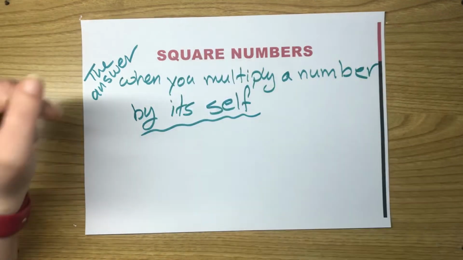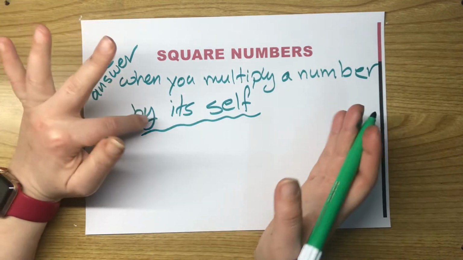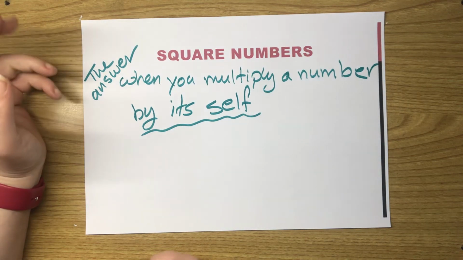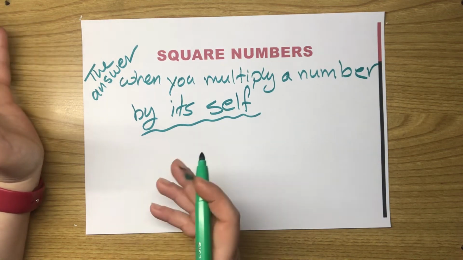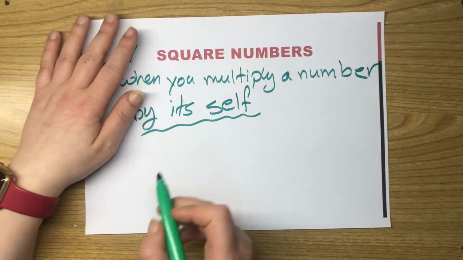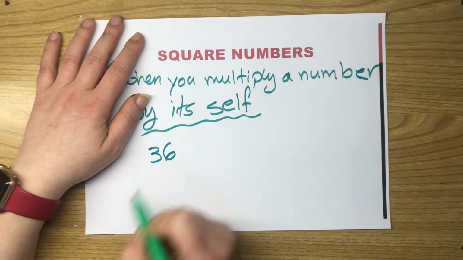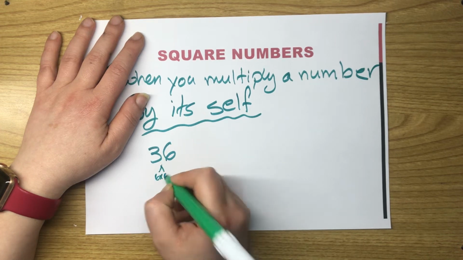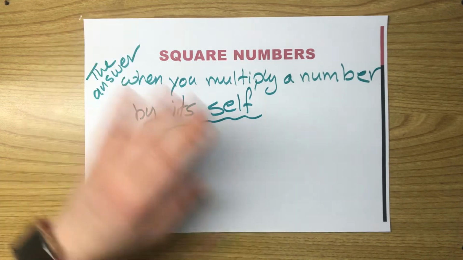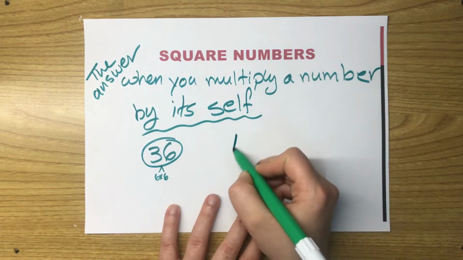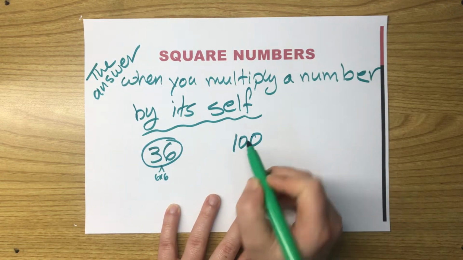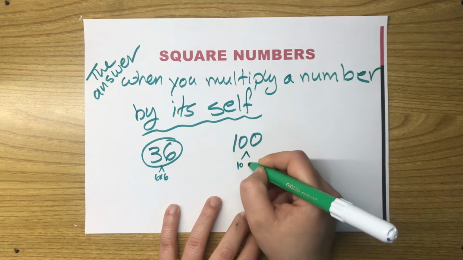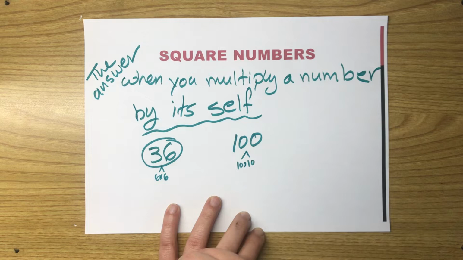So, example. Give me a square number. Who thought of 36? I heard you. 36 is a square number because it's originally 6 times 6. 100, yes. It's a square number too because it's originally 10 times 10.